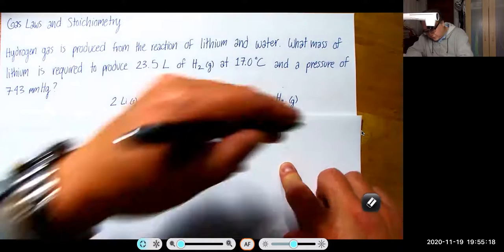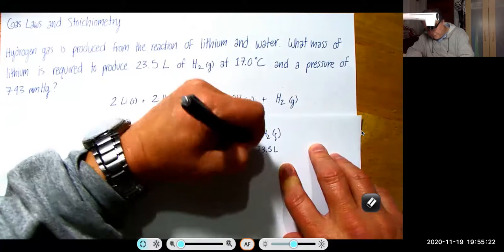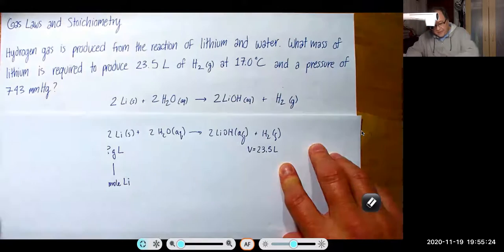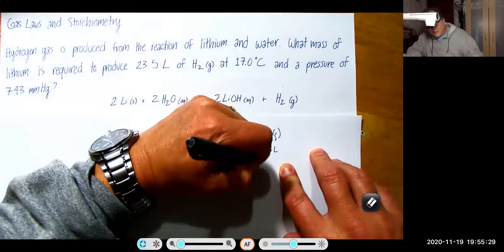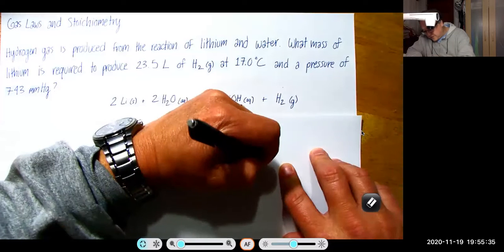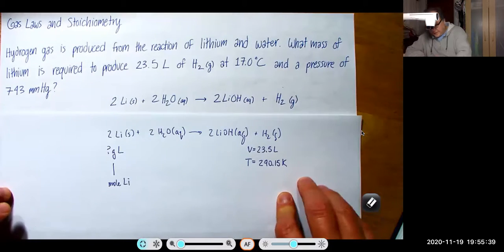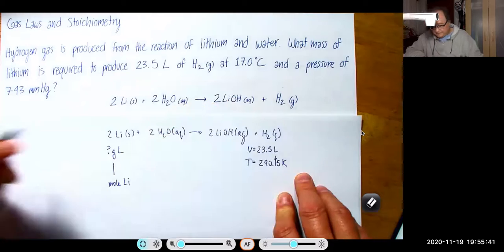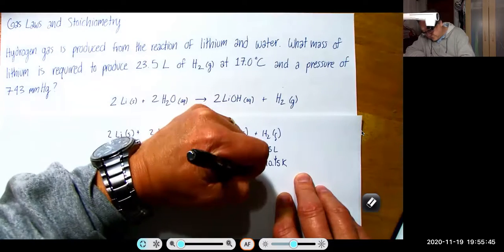It is required to produce 23.5 liters. So 23.5 liters is my volume of H2 at 17 degrees Celsius. So that temperature is going to be 273.15 plus 17, which is going to make it 290.15 Kelvin. And this is only good to the tenth. And a pressure of 743 millimeters of mercury.